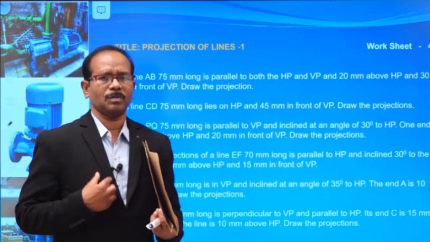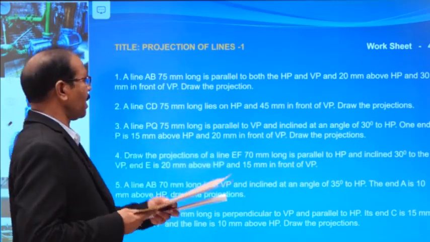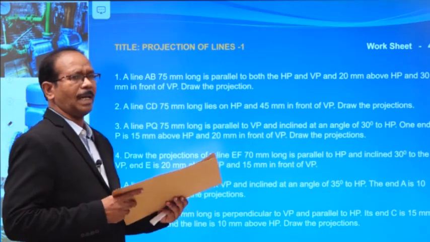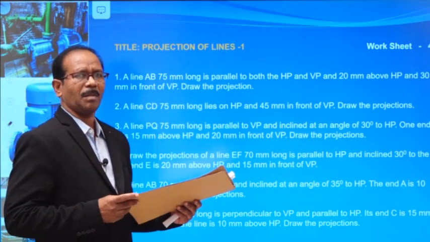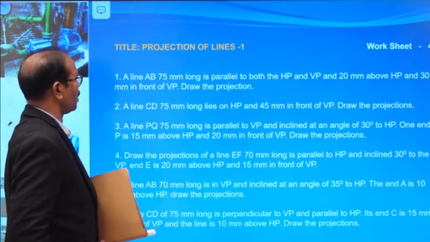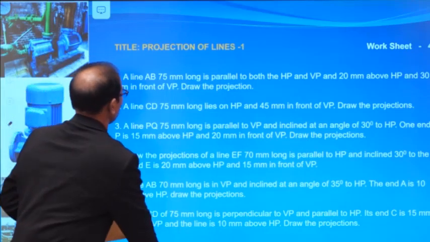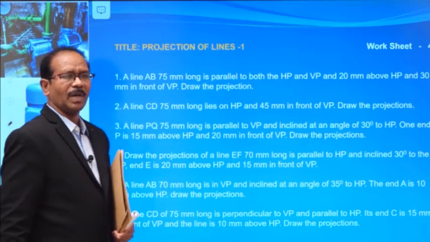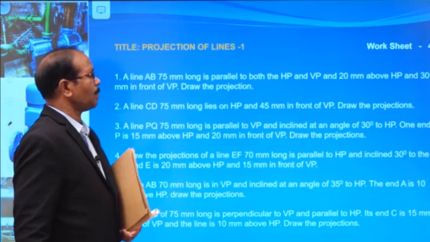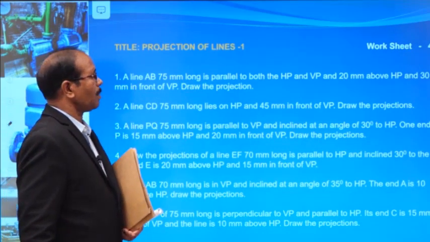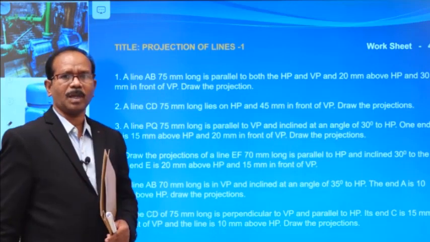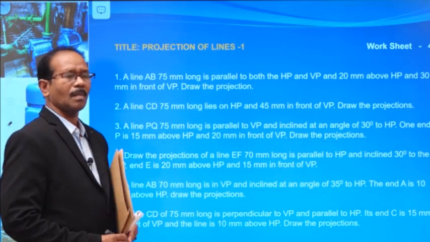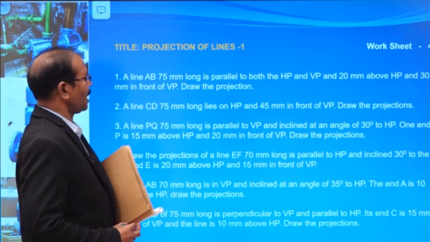Now, these are all the problems. Take the first problem: a 75 mm long line parallel to both HP and VP, 20 mm above HP, 30 mm in front of VP. What is the data?